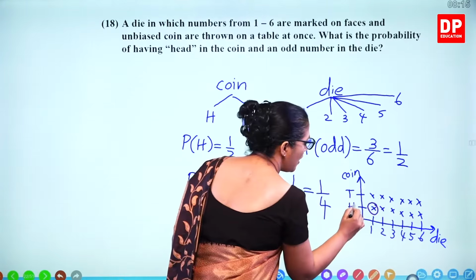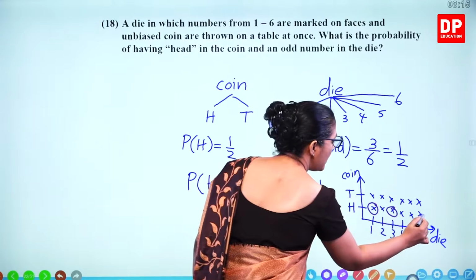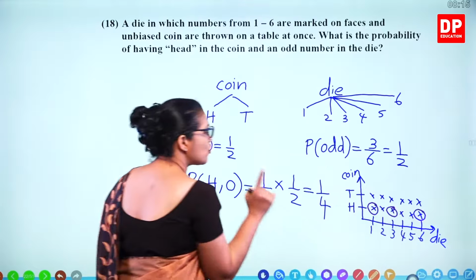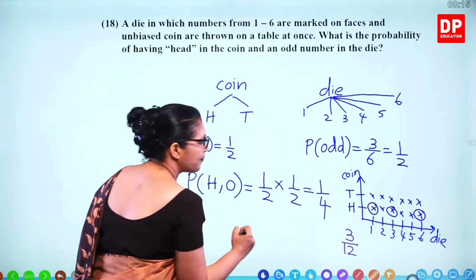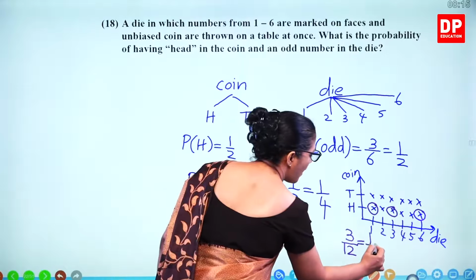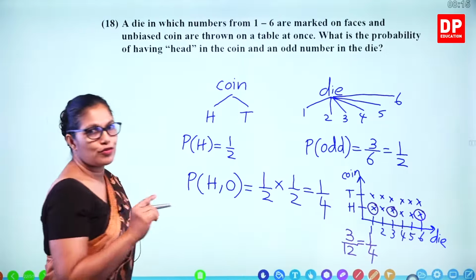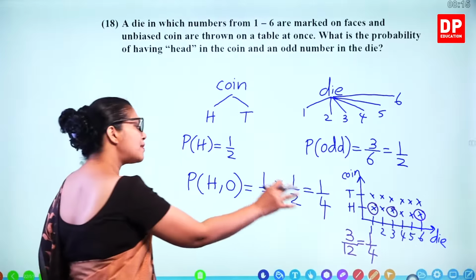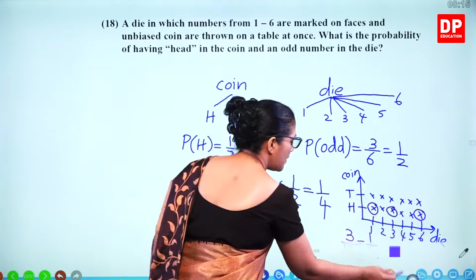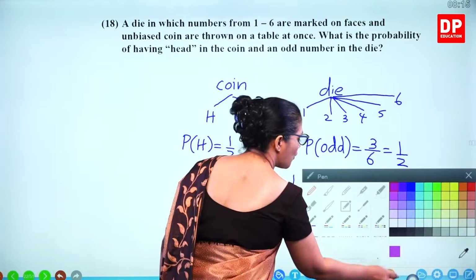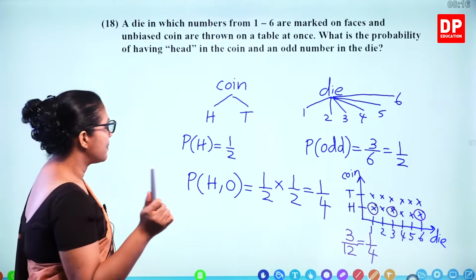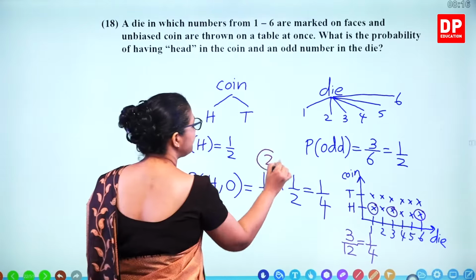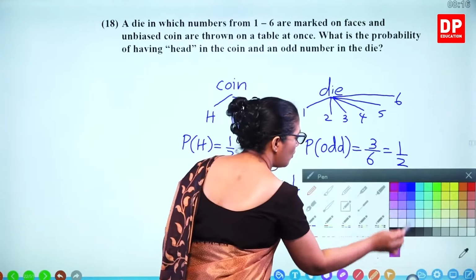This can be head and 1, head and 3 and head and 5. So 3 possibilities out of 12. When you simplify, that's 1 over 4. So you can use either the sample space or this method to find the answer. Both ways you get 1/4 as the answer. So 2 marks for the whole question.